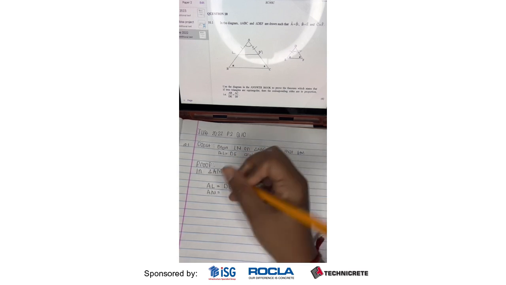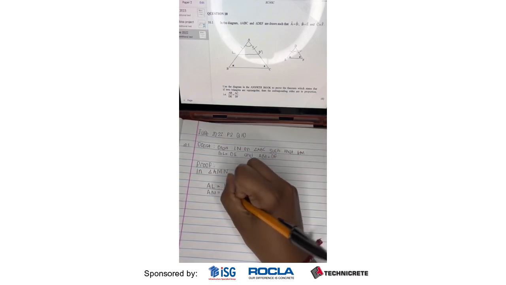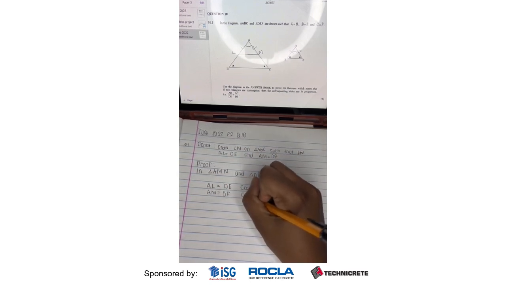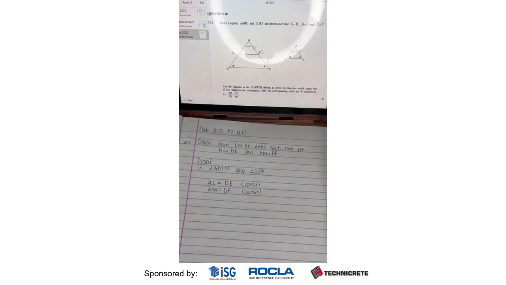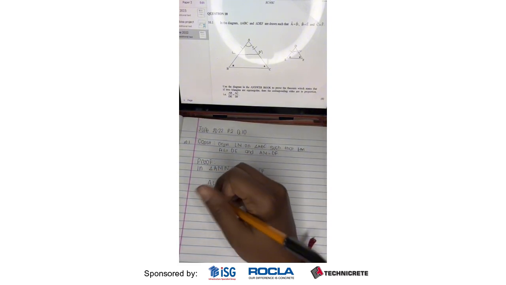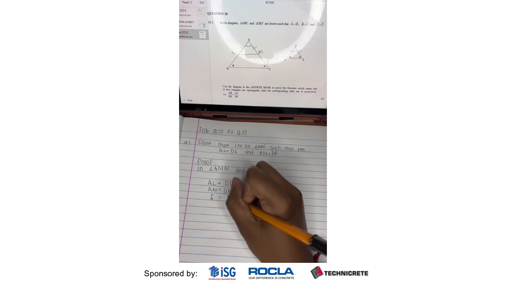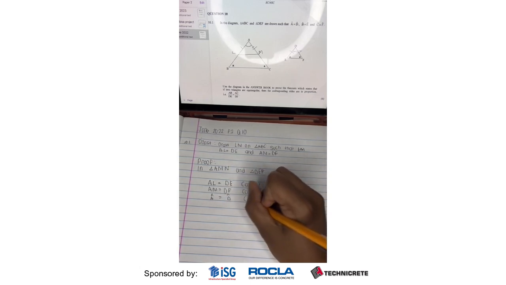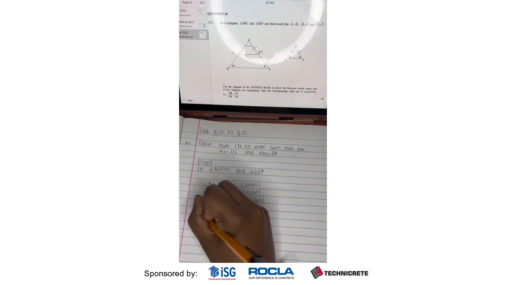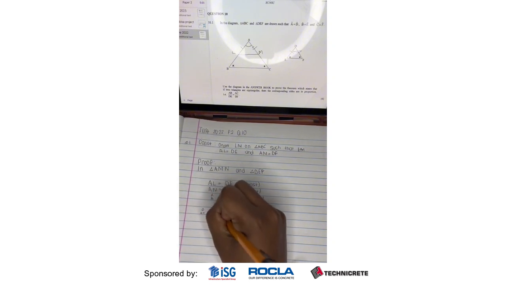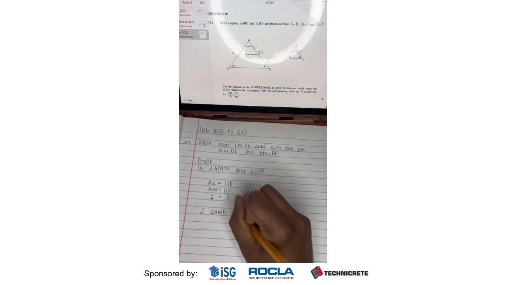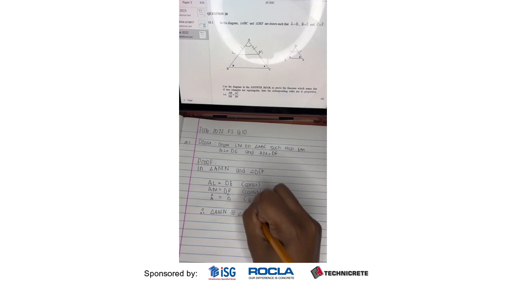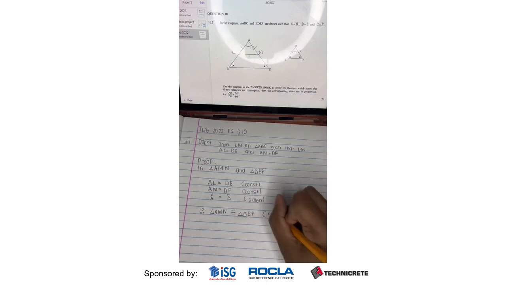AM is equal to DF, my construction. And then the last thing is an angle. So we're going to say angle A is equal to angle D, and that was given. Now we can say therefore, triangle ALM is congruent to triangle DEF, and the reason is side, angle, side.